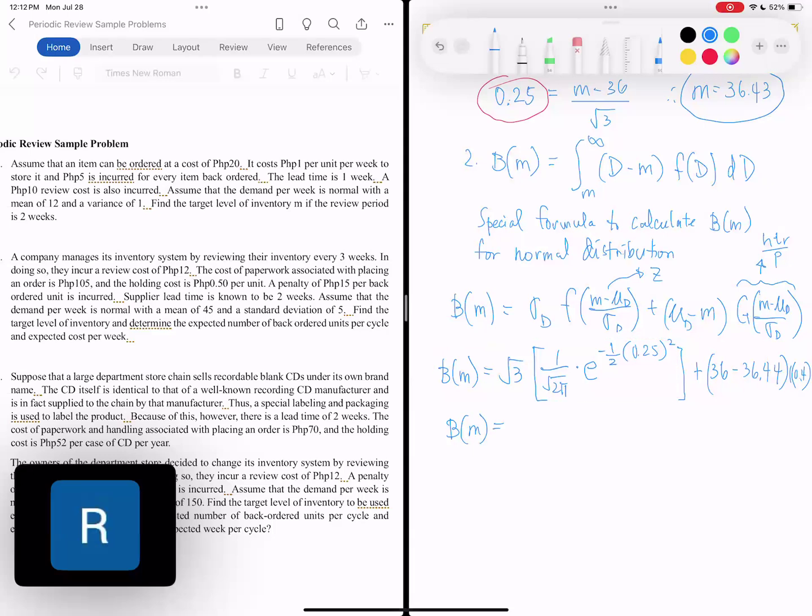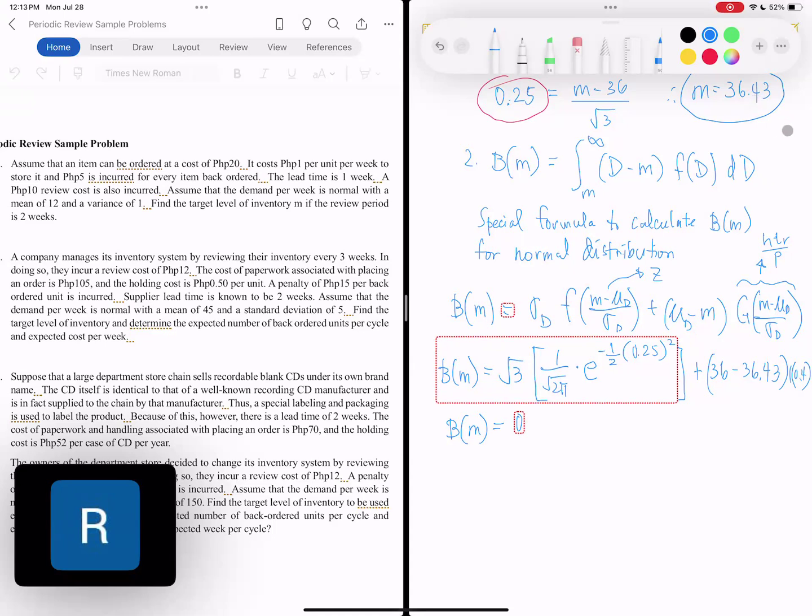That will come out to be equal to, I did not calculate anymore. But since I used 36.43, sorry, this should be 36.43 to be consistent with our M here.